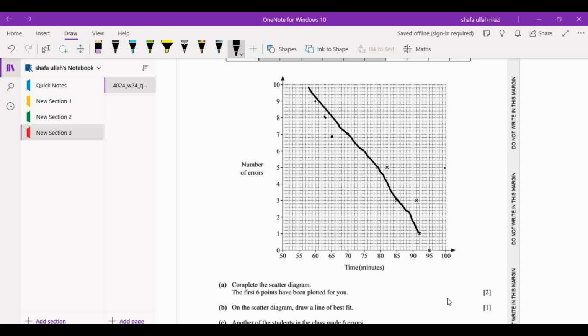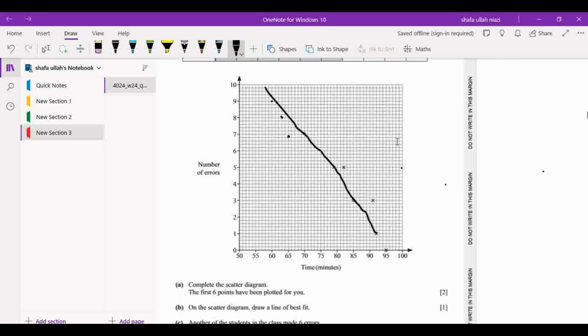Next is another student in the class who has made 6 errors.